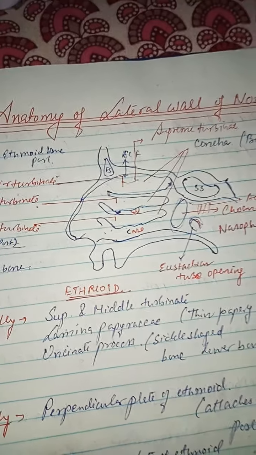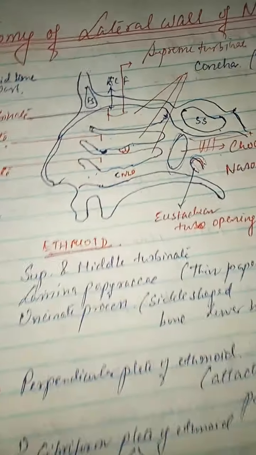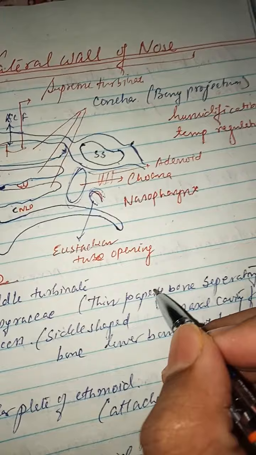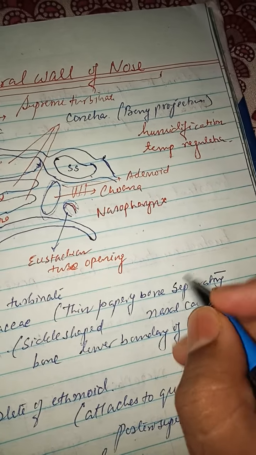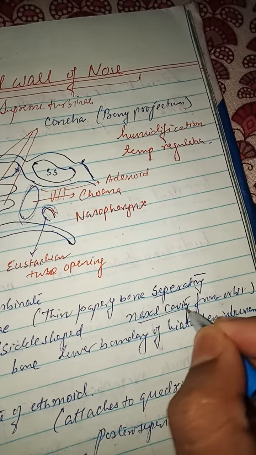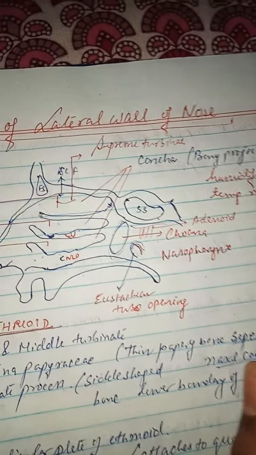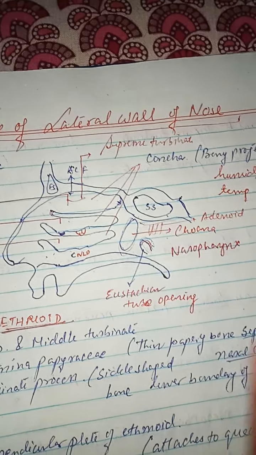Now laterally another structure is there, known as the lamina papyracea, which is a paper-like bone that separates the nasal cavity from the orbit.